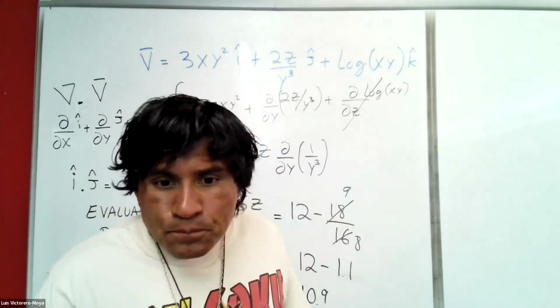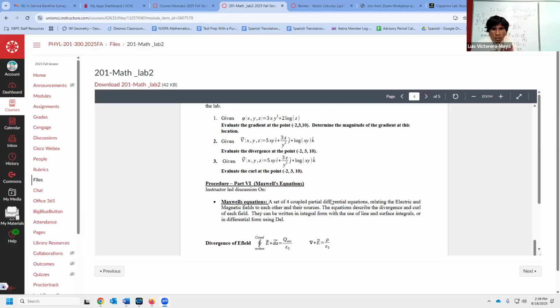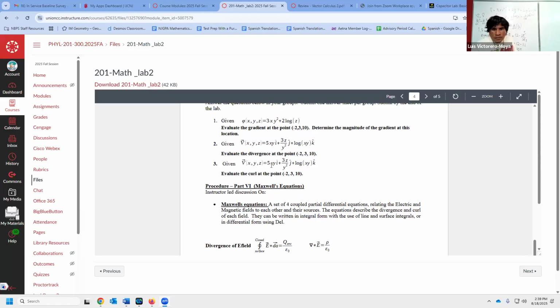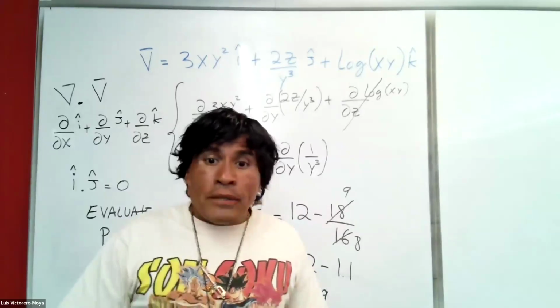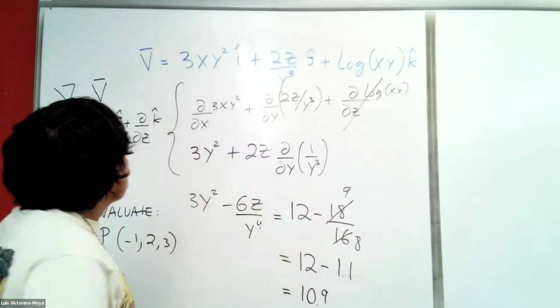This is the curl. The curl is where you have to be careful. So I'm going to give you the same function as before. We have the same one. Let's use the curl at a given point. With the curl, you have to be careful though.